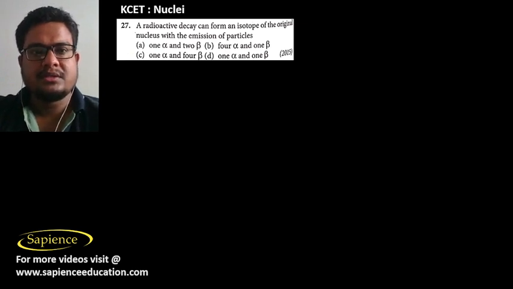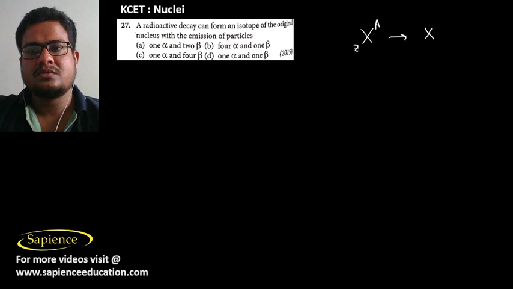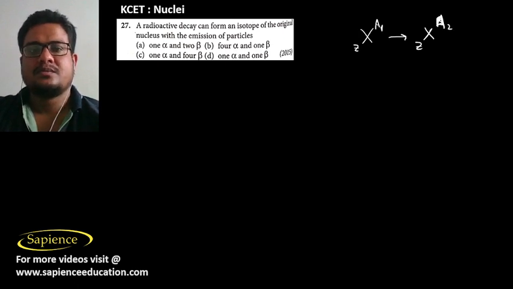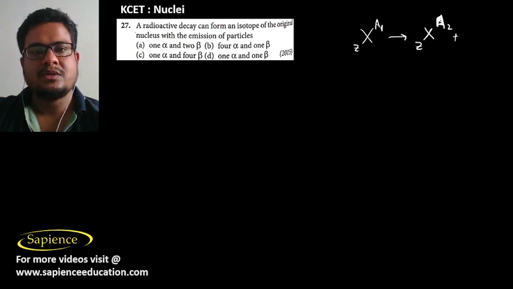So a radioactive decay can form an isotope of the original nucleus. Suppose X with atomic number Z and mass number A can produce X with Z and mass number B. It means it can emit 1 alpha and 2 beta.